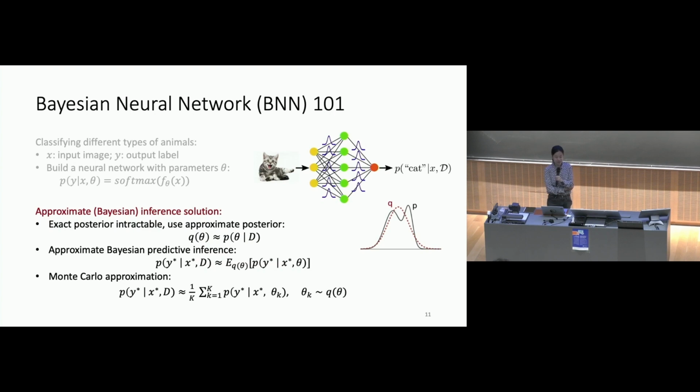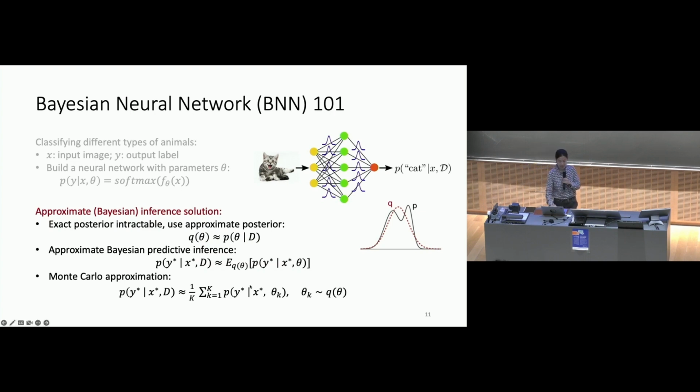So we're first going to construct an approximate posterior distribution Q that somehow approximates the posterior distribution in some good way. If you believe that, then later on, you can basically replace the posterior with the Q distribution in your predictive inference procedure.